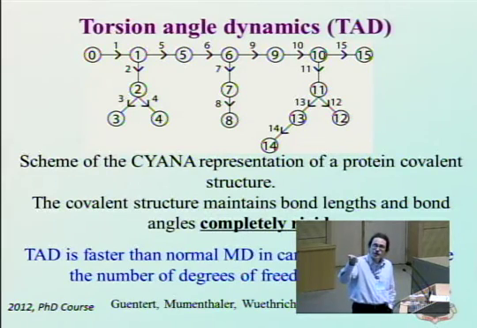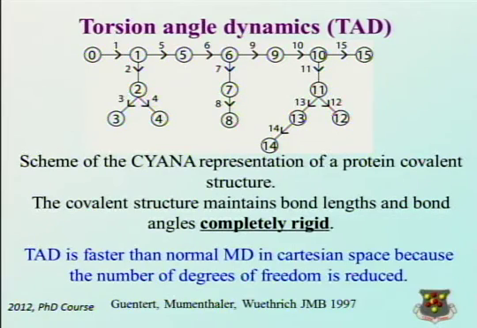And you just assume that the degrees of freedom are the dihedral angles intervening between subsequent rigid blocks. And this is much faster than the normal molecular dynamics in Cartesian space, because by playing this trick of having rigid units representing the protein, you greatly reduce the number of degrees of freedom. And this is also another concept that is relatively old now.